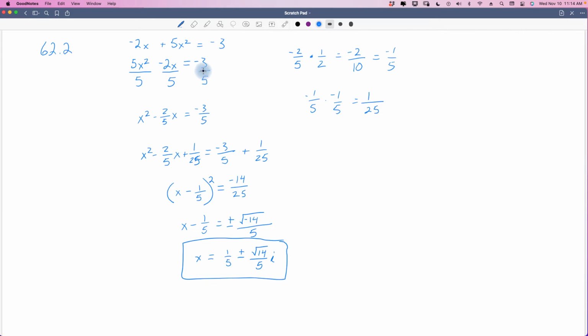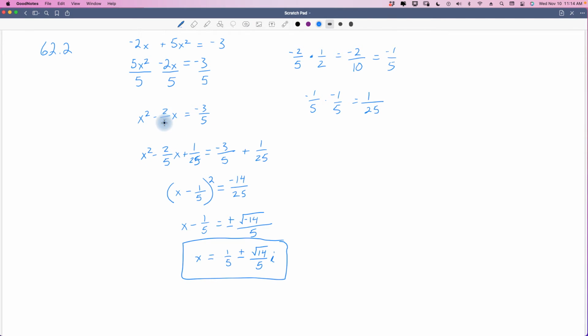I see no point in bringing it back and then moving it back over. So I just left it where it was. We're going to have to move it over anyway, right? So then we took this lead coefficient, we divided everything by 5, and then we wrote its answer from there after the division was completed.